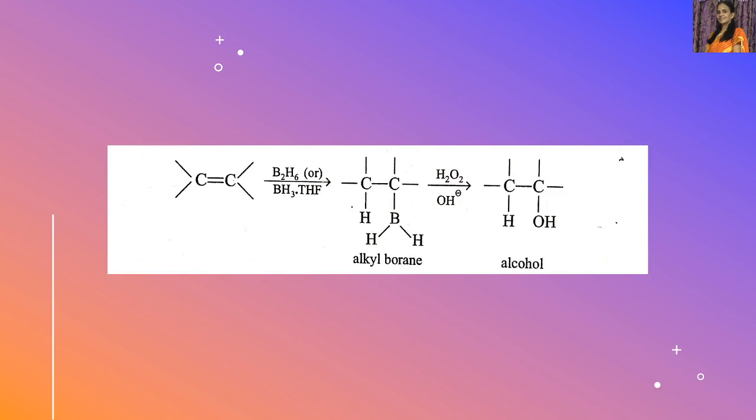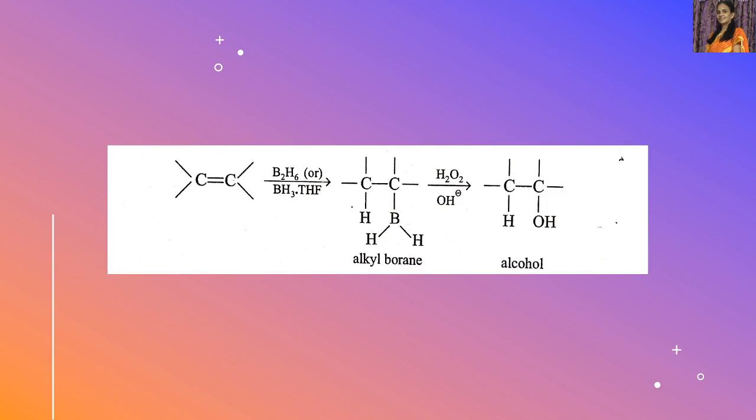So you can see here a new sigma bond is formed between one carbon and hydrogen, and to the other carbon of the alkene, the BH2 group gets added. Thus another sigma bond is formed. So two new sigma bonds are formed here. That is nothing but an addition reaction, and the pi bond present between the two carbon atoms is broken.